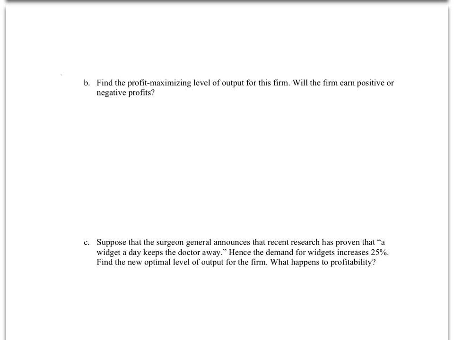Part B says find the profit maximizing output. Oh, that's what we did in the previous one. Then it asks whether the firm earns economic profits. Usually for a monopoly the answer is yes, but you can calculate this on your own. Remember that profits are equal to total revenue minus total cost.